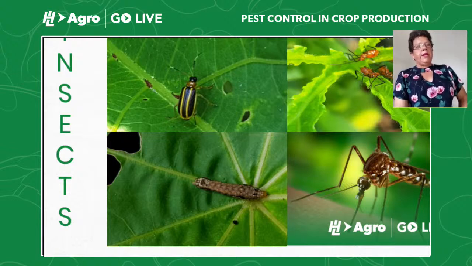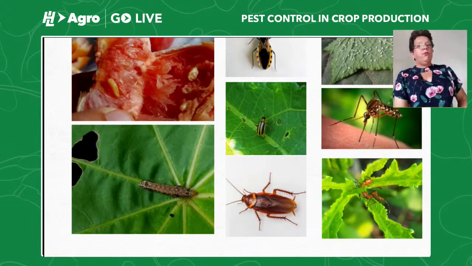On the next slide, we have fruit flies, larvae. We have a true bug that is a pest, a vector of disease in humans. We also have whiteflies, roaches. So all of them involve our lives. They can be pests at home, or they can be pests in agriculture and in other places.